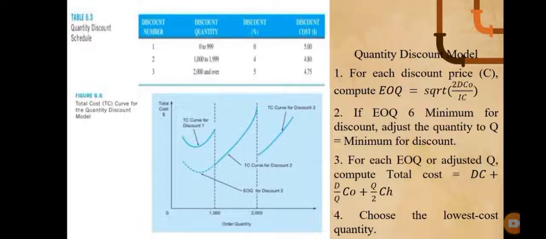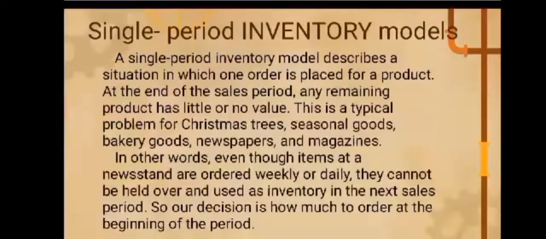For each EOQ or adjusted Q, compute the total cost. The total cost will be the DC plus the demand over the number of units per order times the ordering cost plus the number of units per order over 2 times the holding cost. Choose the lowest cost quantity.